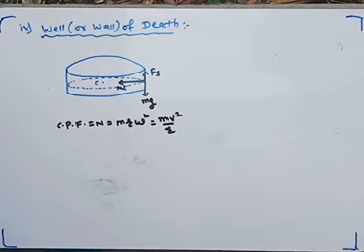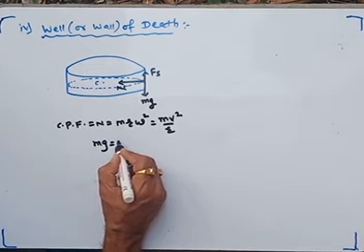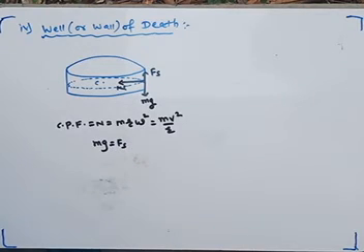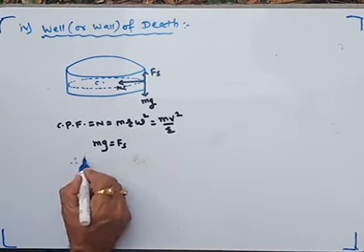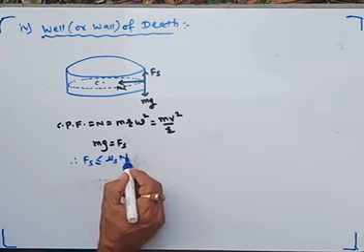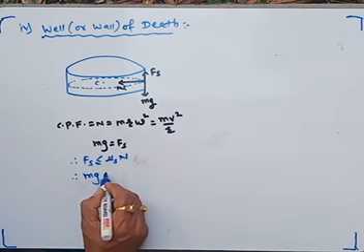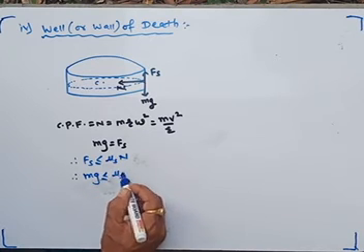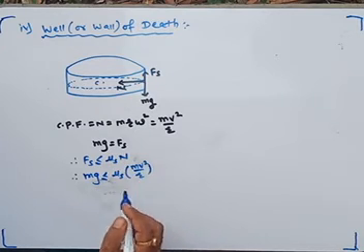And mg is equal to Fs from diagram. Fs is always less than or equal to mu s into N. Therefore mg is less than or equal to mu s into mv square upon r.